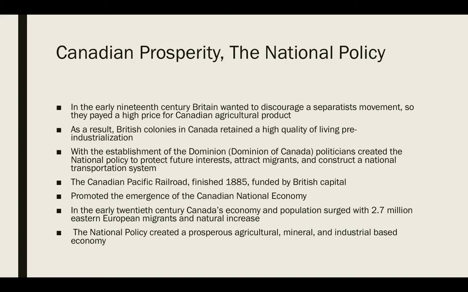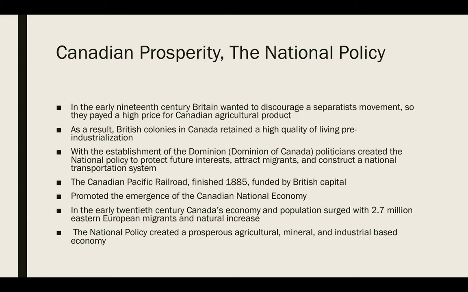So Canadian prosperity kind of came with the National Policy, which was a political group. In the early 19th century, Britain wanted to discourage the separatist movement, so they paid a high price for a Canadian agricultural product. As a result of that, British colonies in Canada retained a high quality of living pre-industrialization.